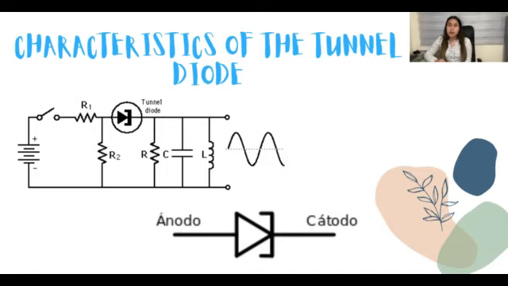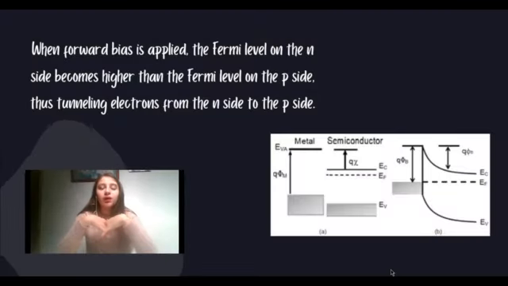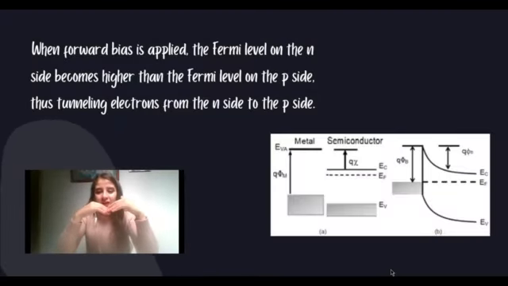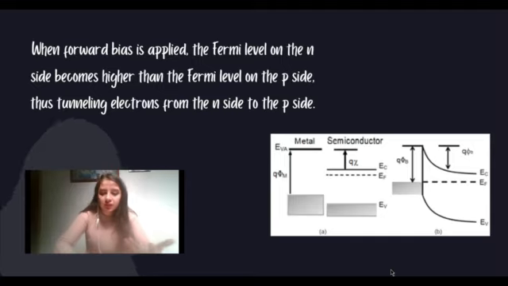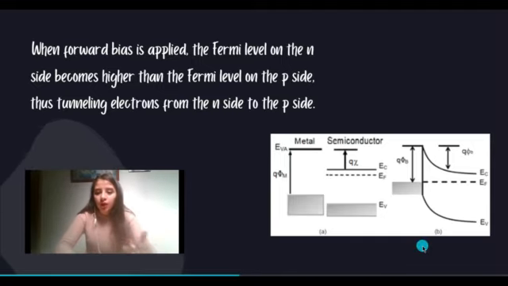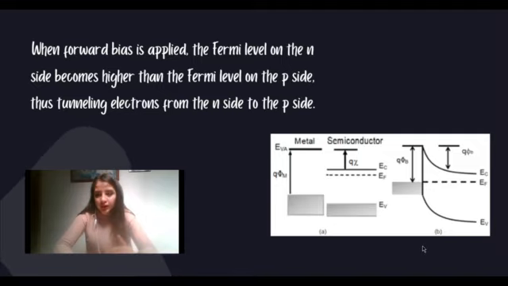With reverse bias, the tunneling current also increases. When forward bias is applied, the Fermi level on the n side becomes higher than the Fermi level on the p side. So the tunneling of the electrons from the n side to the p side occurs.